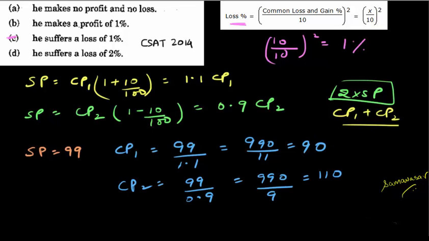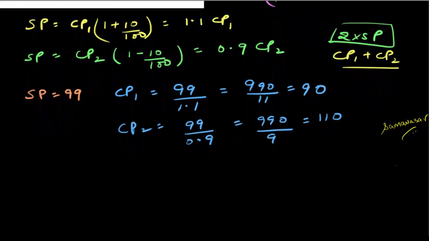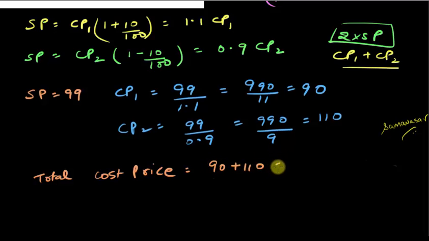Now I have all the variables that are required. So from here, we know that the total cost price that the guy is paying for both the goats is CP1 plus CP2, which is equal to 90 plus 110, which is equal to 200.